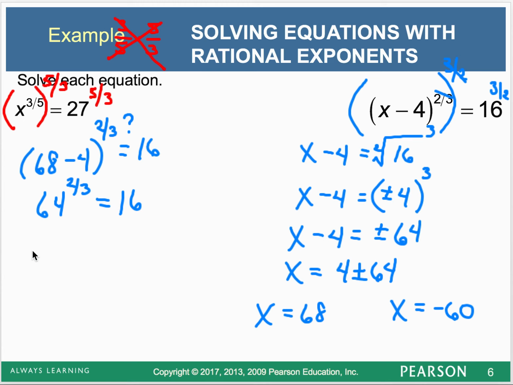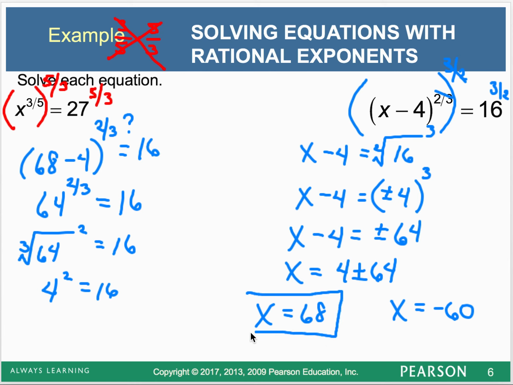Okay, so remember how to rewrite this. The one that's lower stays lower. That's a good way to remember it. Okay. The cube root of 64 is 4, and 4 squared is 16. This one works.